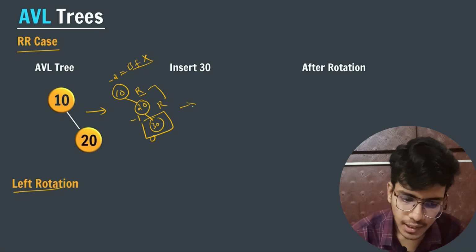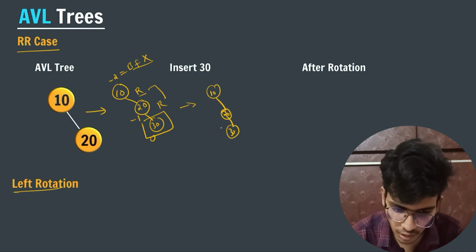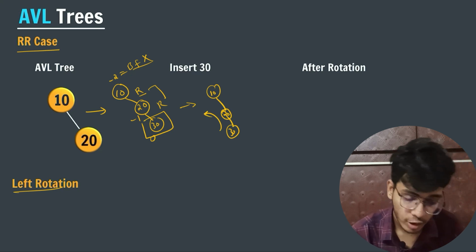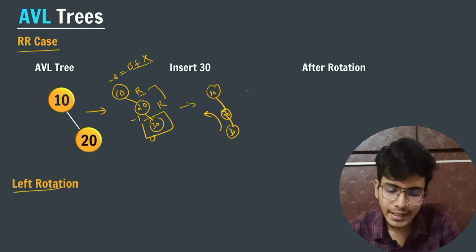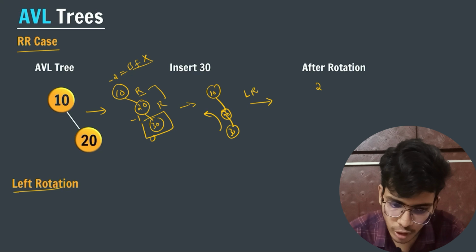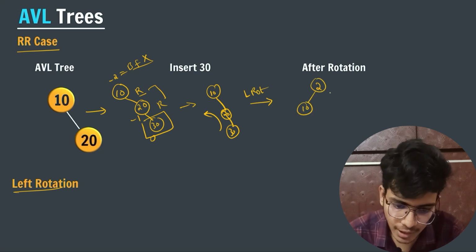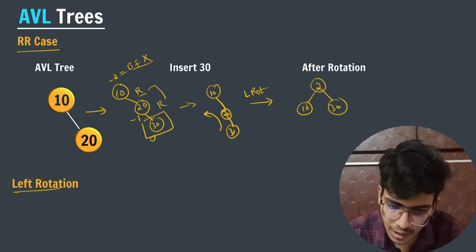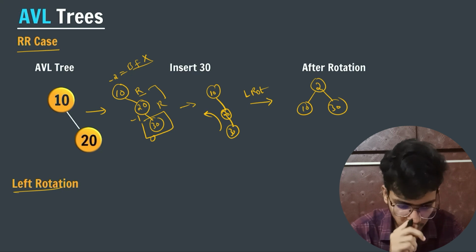So I will take this unbalanced tree and perform a left rotation, and my whole tree will get rotated like this, and I will get a balanced BST. After the left rotation, 20 will become my middle element, 10 will come on the left and 30 will come on the right. So this is the RR case. Whenever I get an RR case, I will perform a left rotation.